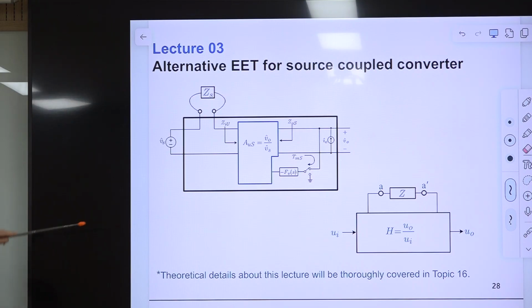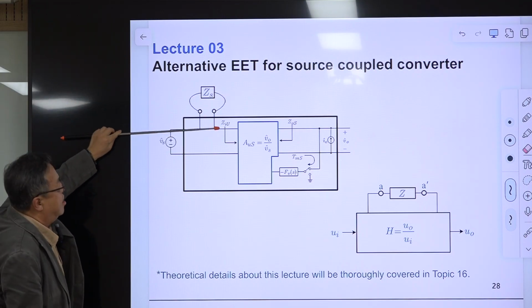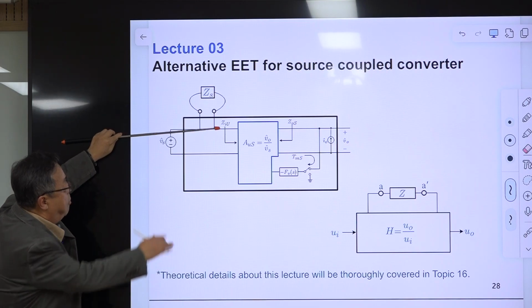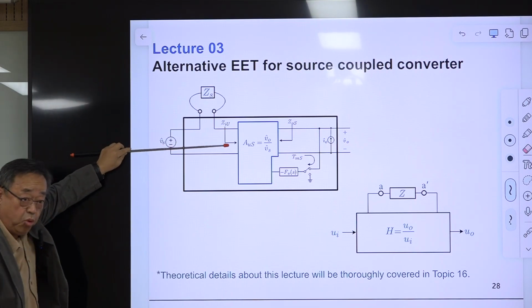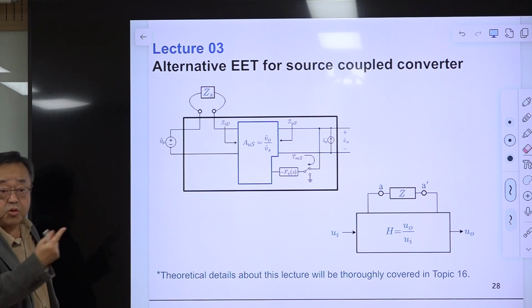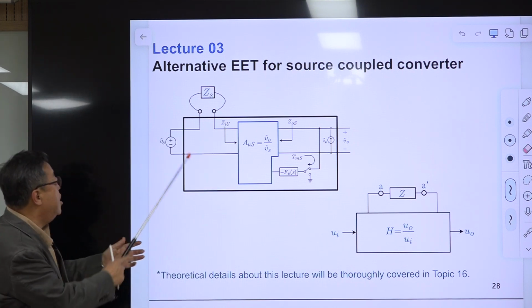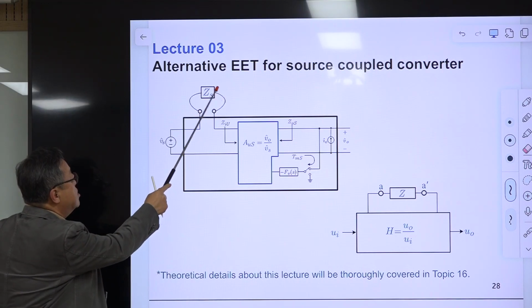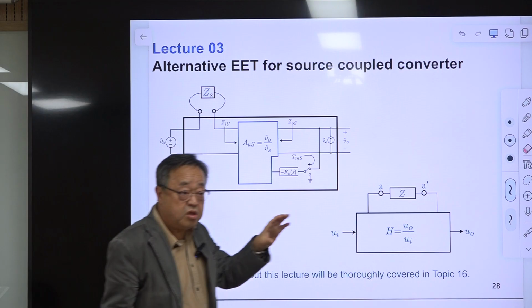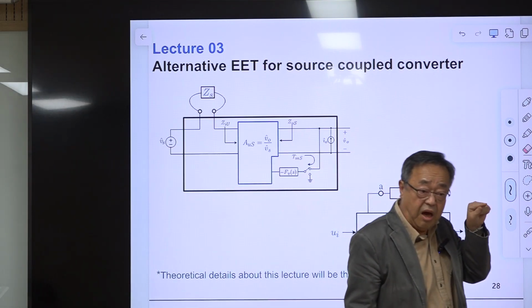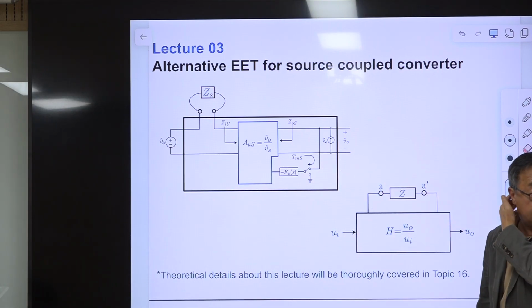Previously, when directly connected, we were powering this downstream converter using an ideal voltage source, which has zero source impedance. Now we replace this with a practical DC source with finite output impedance. So this is a practical case.